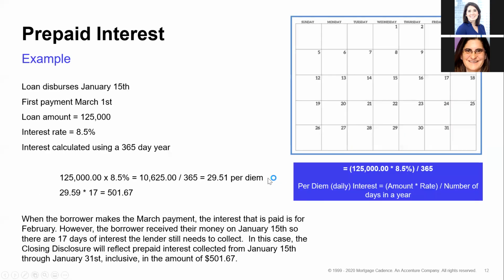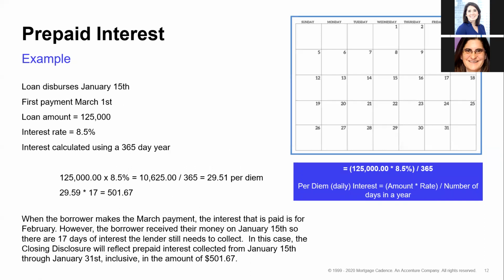We'll see it again. So I asked the question, why does it matter that interest is paid in arrears when talking about odd days interest? Because the lender is not doing this out of the goodness of their heart. They are lending you money and collecting interest on it, right? That's one of the ways they stay in business.